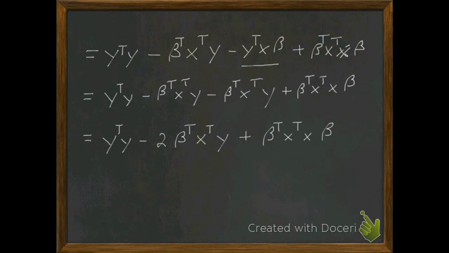Now, if you think about it, in the least squares approach, what we would want to do here is we would want to take the derivative of Q with respect to beta.